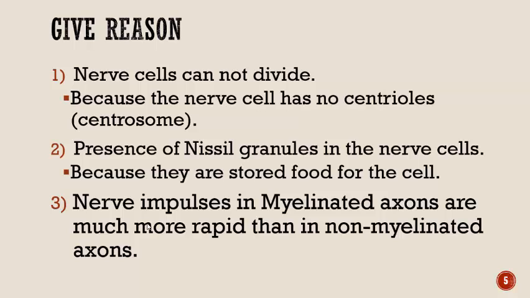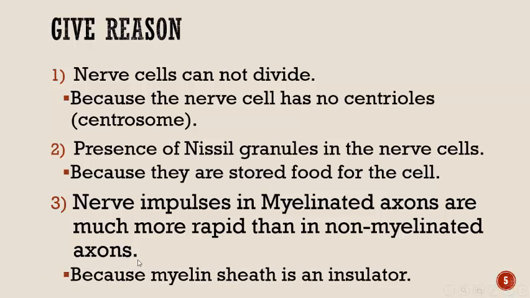You can see in our daily life, we cover the electric wire with plastic, because plastic is an insulator. Here, Allah subhanahu wa ta'ala covered the axons with a fatty myelin substance, which also acts as an insulator and helps to transfer the nerve impulses.